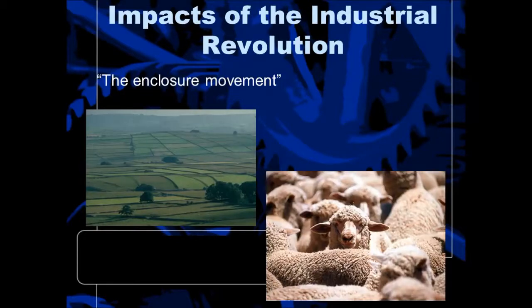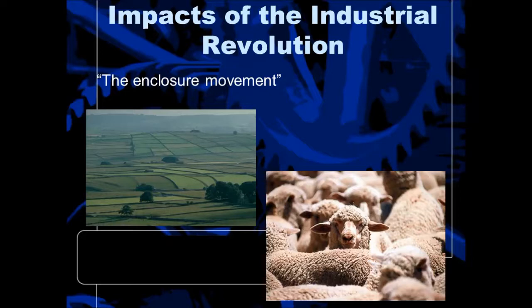Now, we talked about that poor little old lady with the spinning wheel and how she's going to kind of become obsolete with James Hargreaves' invention of the spinning jenny. So let's take a detailed look at what exactly does happen to this lady and all the other people like her. Prior to industrialization, we had something called cottage industries.